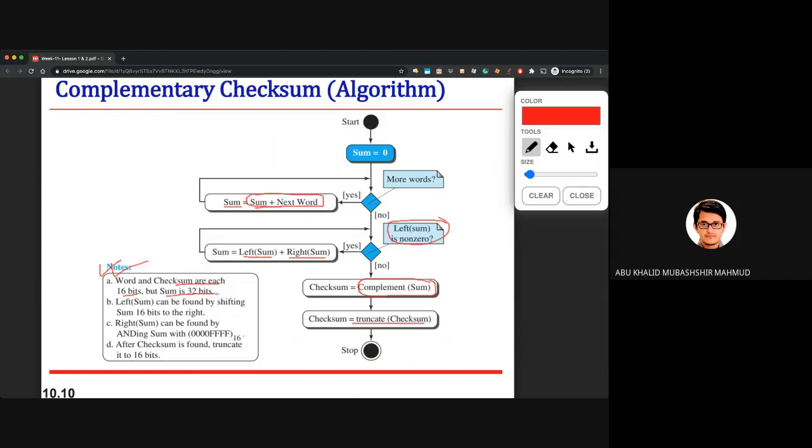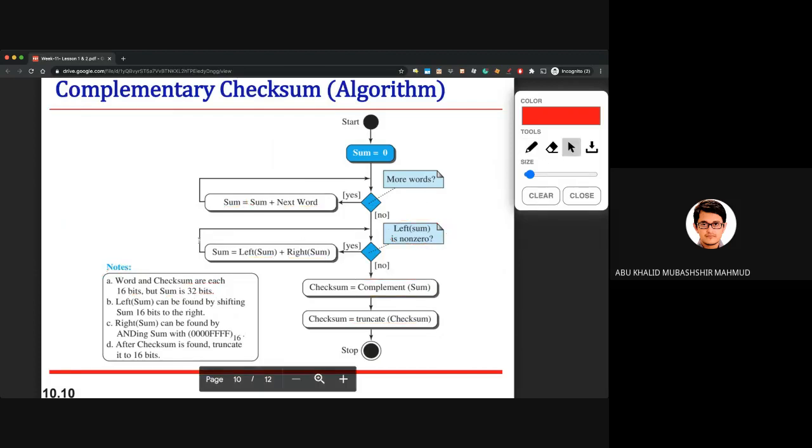Right sum can be found by ANDing the sum with quadruple zeros and quadruple F, a hexadecimal number. After the checksum is found, we truncate it to 16 bits. That is, we process it and complement it by representing it in 16 bits.